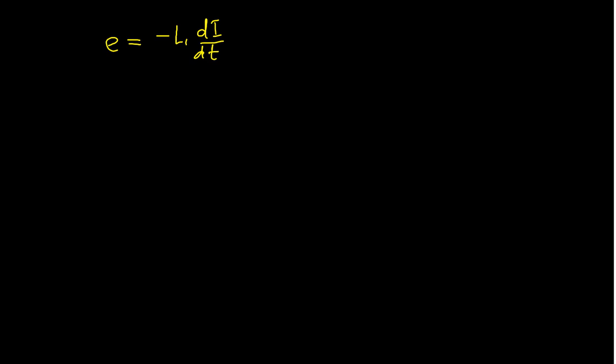Minus L1 dI1 by dt is the EMF due to the self-inductance of the coil L1, and minus M into dI2 by dt is the EMF due to the mutual inductance of the L1 and L2 coils.